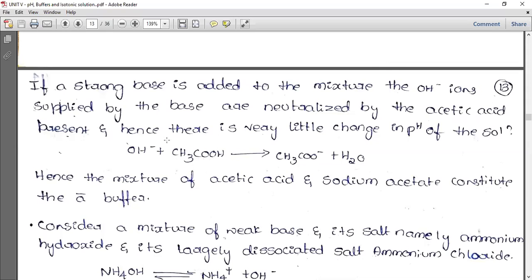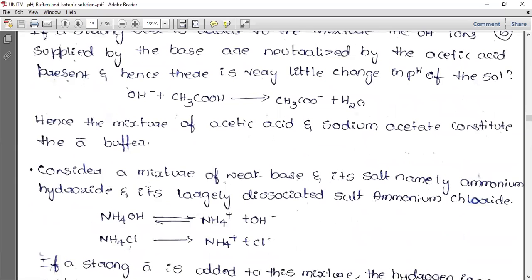Whatever amount is present will react with the OH minus ion obtained whenever we add a base. It is not a strong acid, therefore you'll still have some unreacted acetic acid that will combine with the hydroxyl ion given by the base.